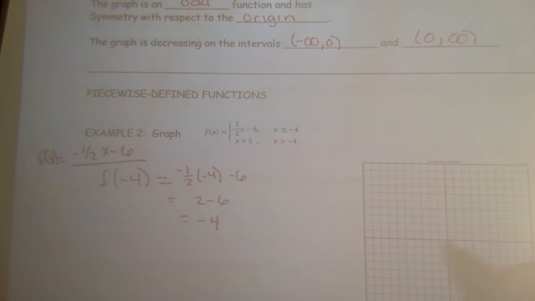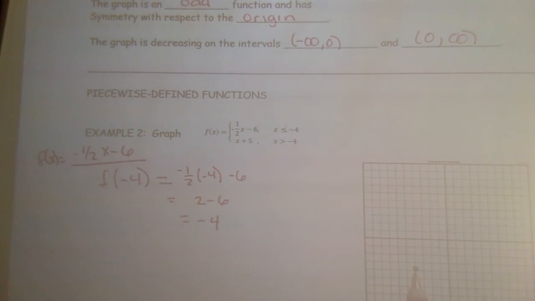So at negative 4, the y value is negative 4. And why did I use a filled in dot? Because it's equal to, right here.